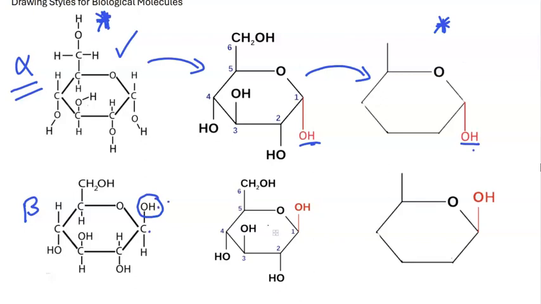So it's up here, up there, and up there relative to the rest of the molecule. So for comparison, we have down, down, up, down for our OH groups on the first 4 carbons, where here we go up, down, up, down. So it's actually only the first carbon where there's a difference.